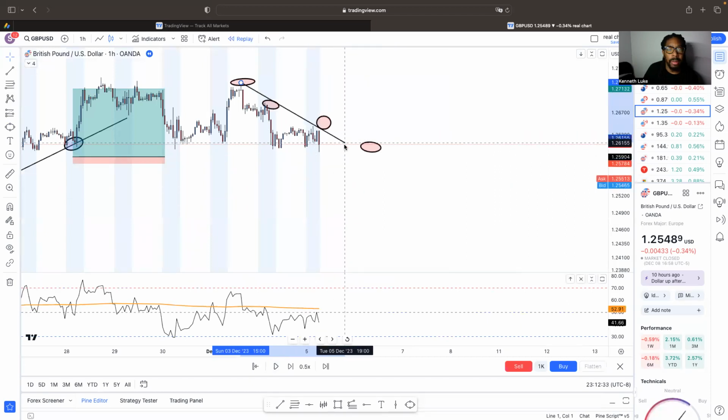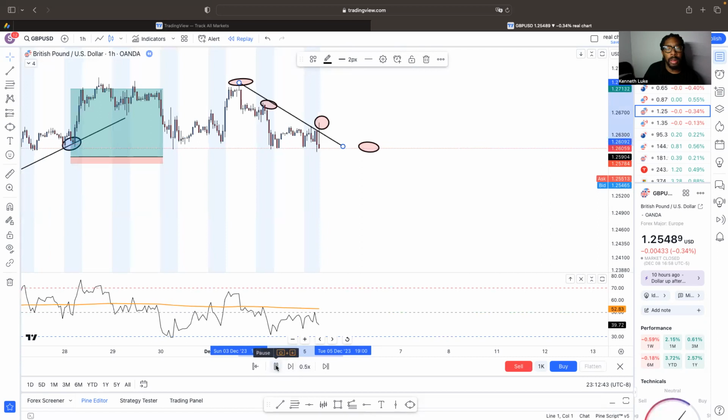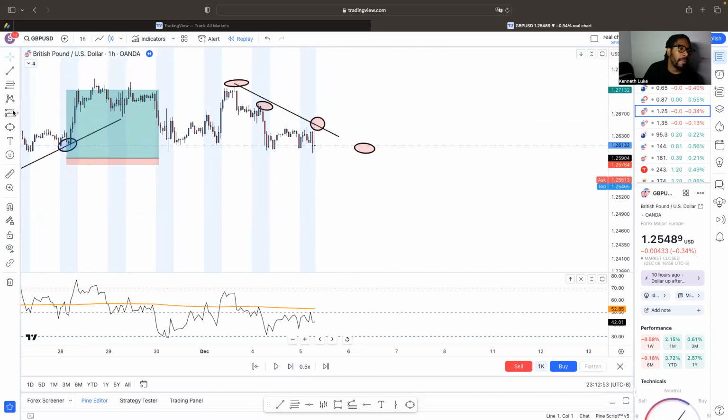You would have been trying to play with it like right here. You'd have been looking at it like, okay, boom, boom, boom, boom. And so boom, you seen that last little wick right here. You seen that last little crazy wick rejection right here, and price pulled down. So probably at the closing of this, you would have got in. Your short would have been looking like this.